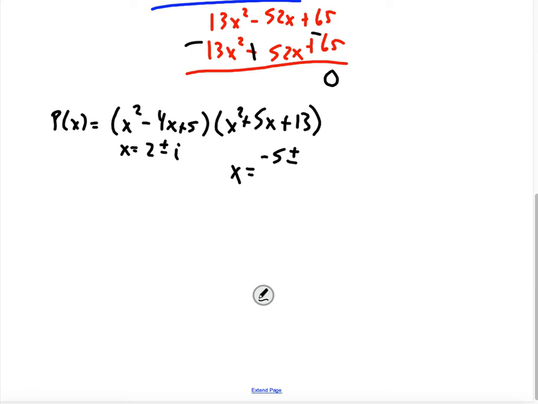So x equals, or opposite of b, so that's negative 5 plus or minus the square root of b squared minus 4ac, all over 2 times a.